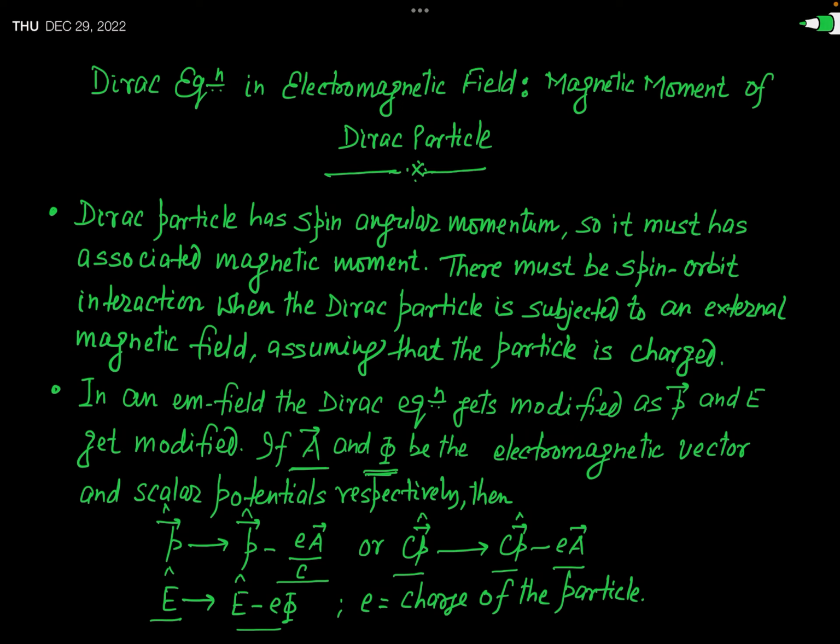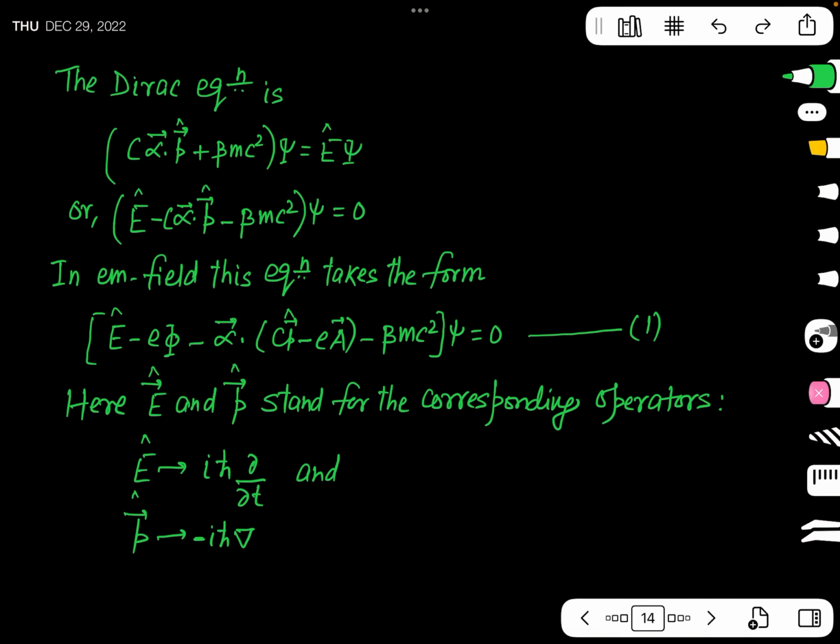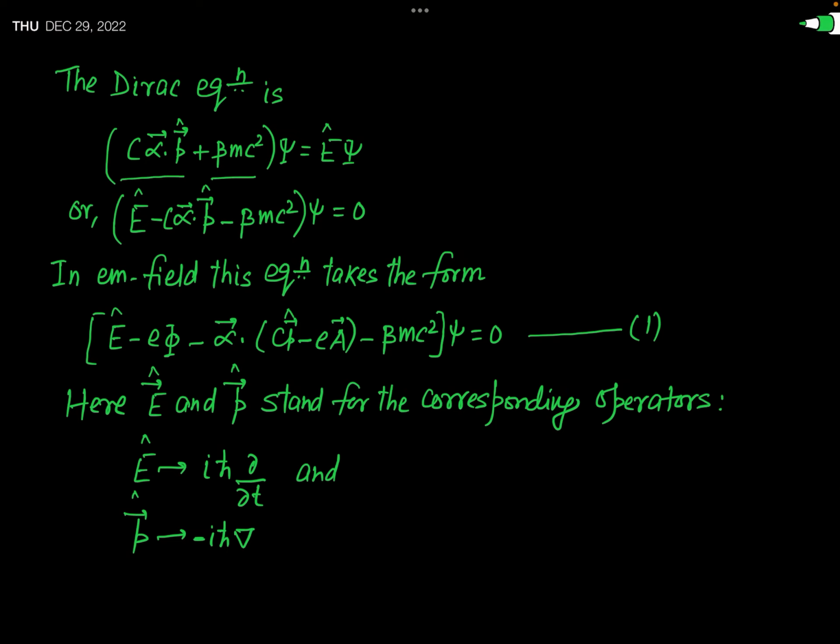So first of all, write the Dirac equation when the particle is not in an electromagnetic field, and then modify the terms. So you know the original Dirac equation, when you do not talk about the electromagnetic field, is given like this: c alpha dot P plus beta mc squared, acting on psi, equals E psi.